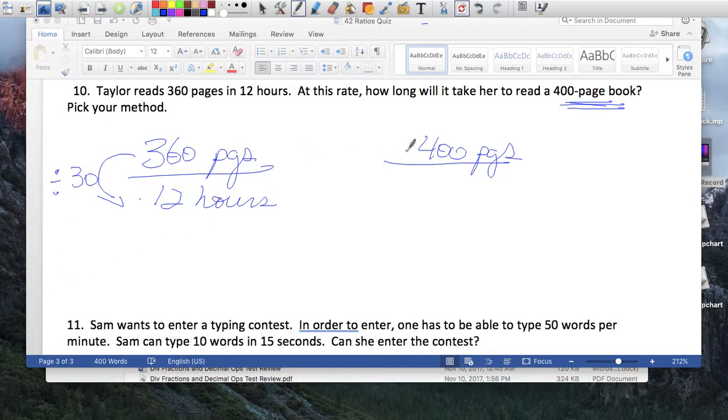In that case, I can also take this and divide it by 30. You will get a decimal, okay, but that's not a big deal. So it's going to take her 13.3 hours. I made a mess out of this question. Sorry. I should have just done that from the beginning.